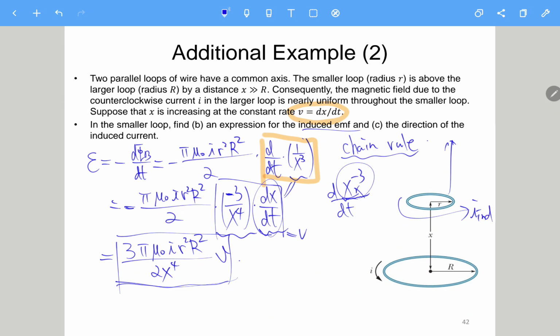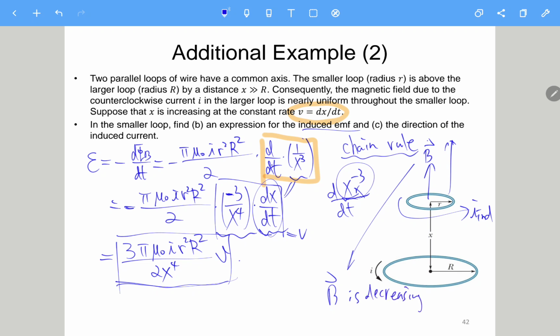Or you can determine it another way using Lenz's law. Imagine we have this current going clockwise, which means this B field is pointing upward, and this one is moving upward, which means that B is decreasing.